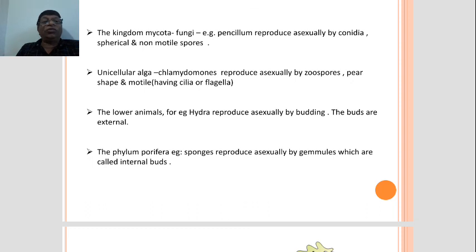The asexual reproductive spores of sponges. The gemmules are also called internal buds. So that's all asexual reproduction in lower animals and lower plants. It's very important even for NEET or CET examination. Thank you.